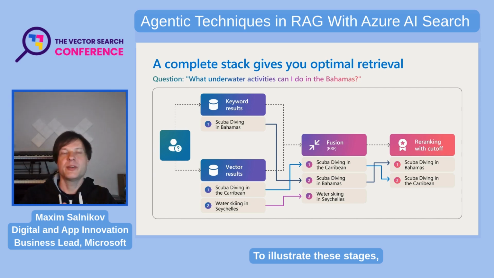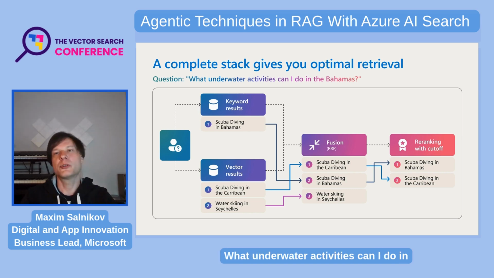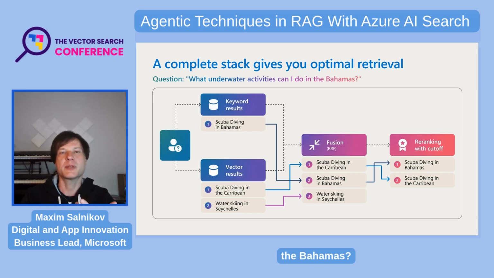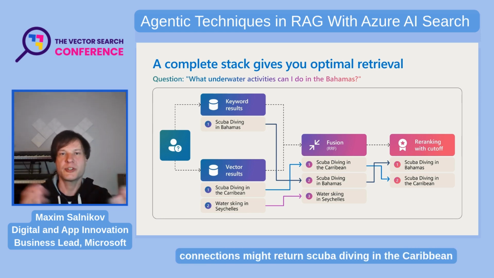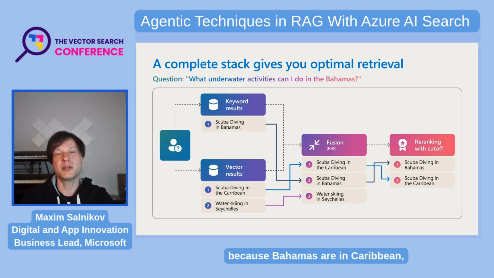To illustrate these stages, let's consider the query. What underwater activities can I do in the Bahamas? Parallel keyword and vector search are initiated. Keyword search might identify scuba diving in the Bahamas. Vector search, recognizing semantic connections, might return scuba diving in the Caribbean, because Bahamas are in Caribbean, and possibly kind of noise, water skiing in Seychelles.